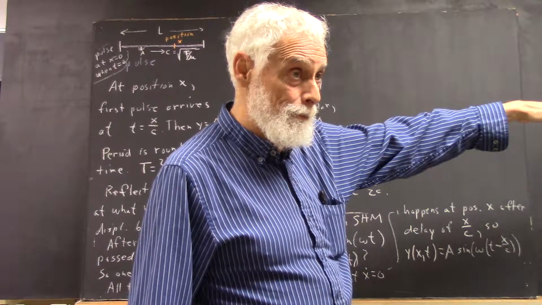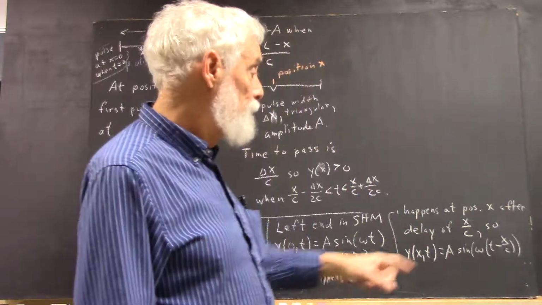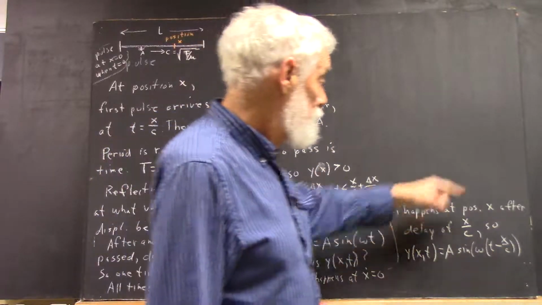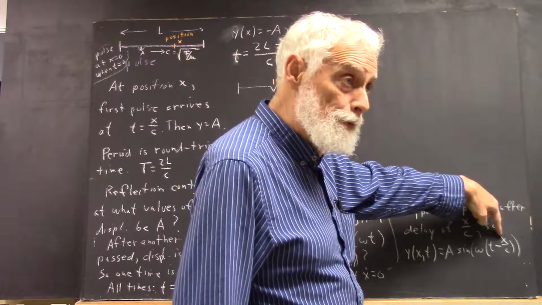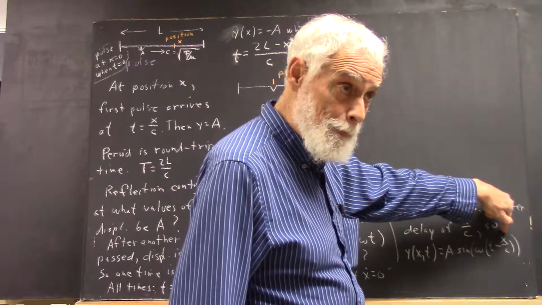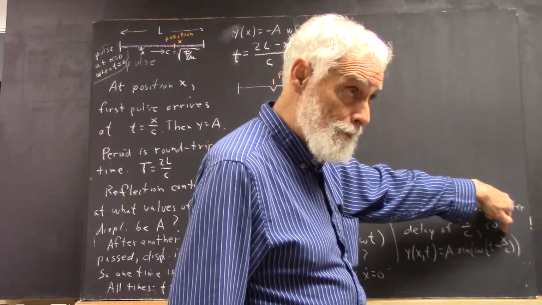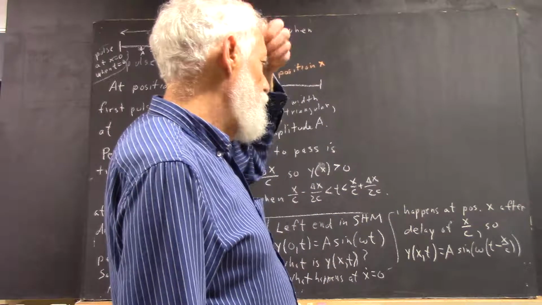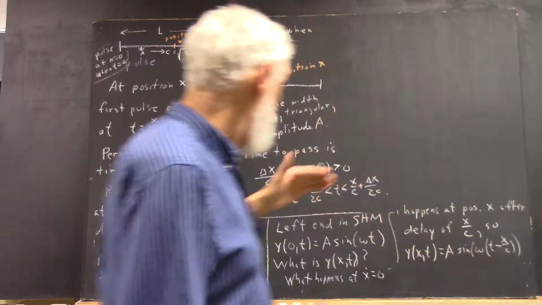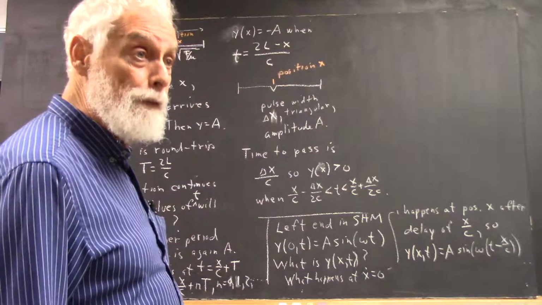Okay? And if I want to hold x constant, which we're kind of doing here, x is some specific position, this is the simple harmonic motion of that point. And that simple harmonic motion has the same angular frequency as the left end where you're driving it.